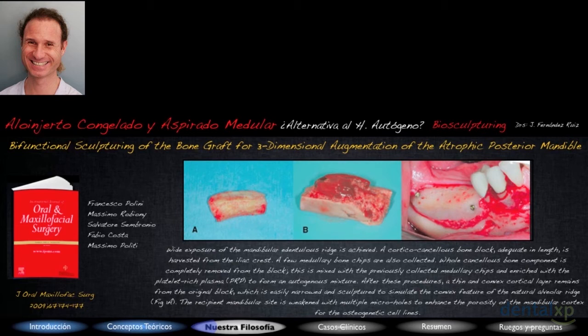What we do is we take an autogenous bone graft and we remove the spongy part of the bone graft, and we will add PRF.